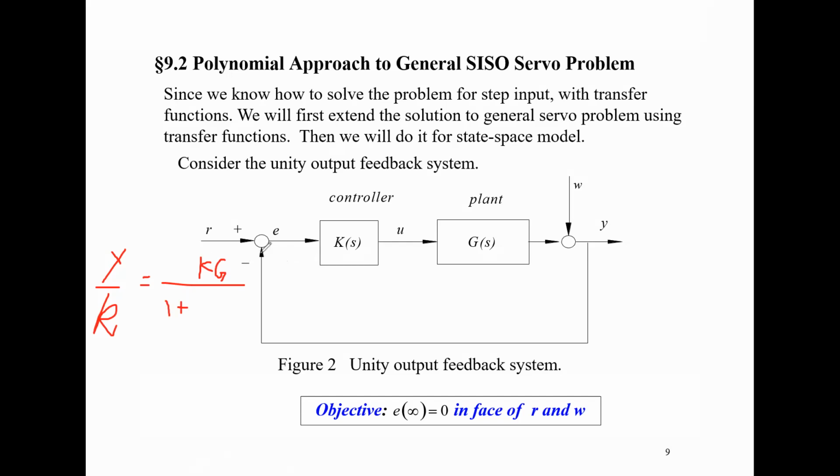Where is the open loop? You disconnect this, and then it becomes the open loop. So the open loop transfer function is also K times G. That's the formula you can use. Of course, if you're not familiar with the formula, you can verify it by algebraic calculation that this is the case for the closed loop transfer function.